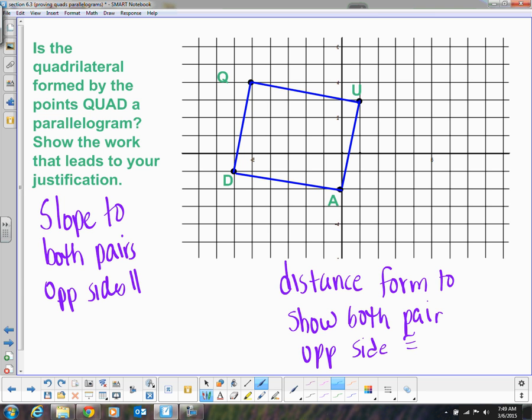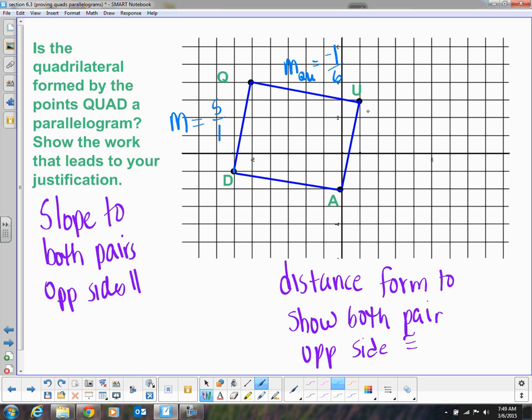So I'm going to choose to use slope. Slope is rise over what? So I'm at D. I'm going to go up 1, 2, 3, 4, 5. Positive. I'm going to go to the right one. That slope is 5. I'm going to do QU, and QU slope is down 1, meaning negative, and then we've got 1, 2, 3, 4, 5, 6.